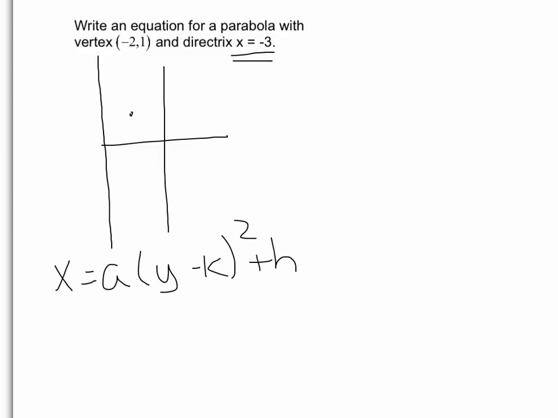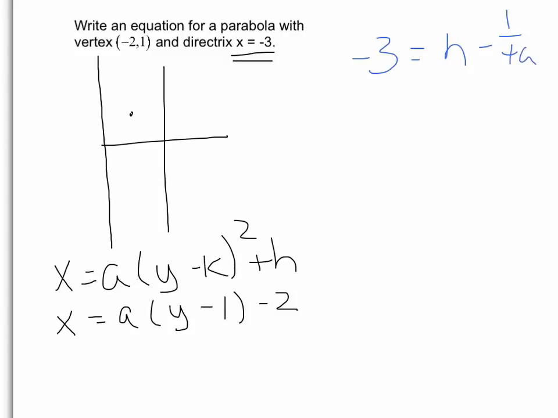So first plug in the vertex information. You know that x equals a times (y minus 1) squared plus, minus 2. Then use the fact that the directrix equals h minus 1 over 4a, since this is opening right.